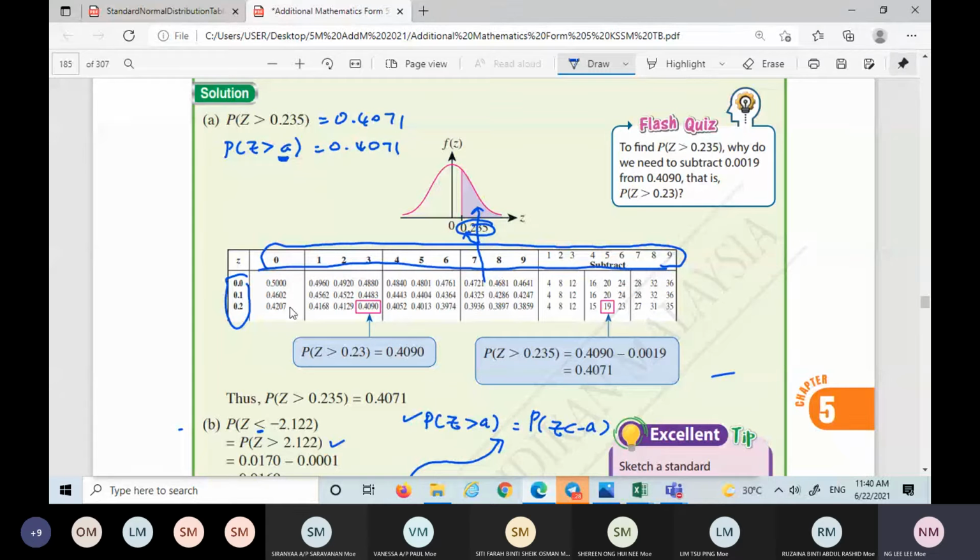You can see actually this table has a sequence. We start from here, 0.5, and then the number becomes smaller and smaller until here 0.4641, for 0.09. Then after that, the next row starts with 0.4602, smaller than this number, and continues to become smaller and smaller.